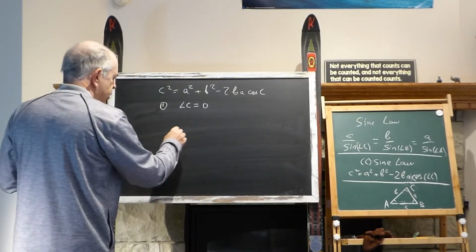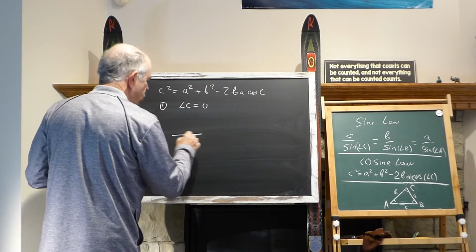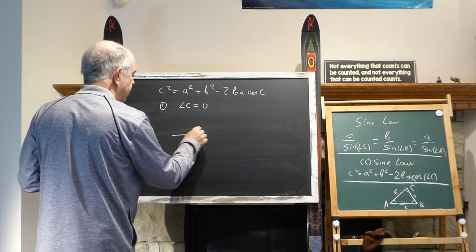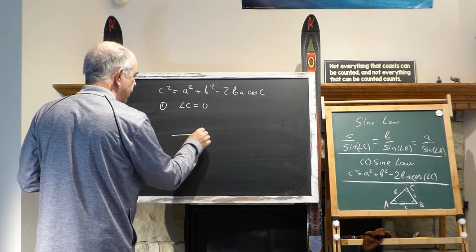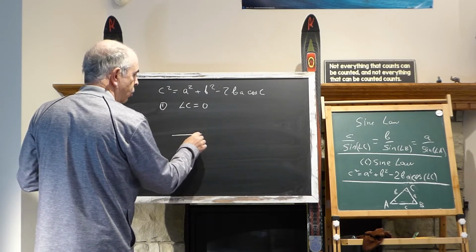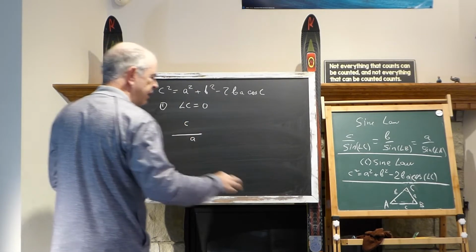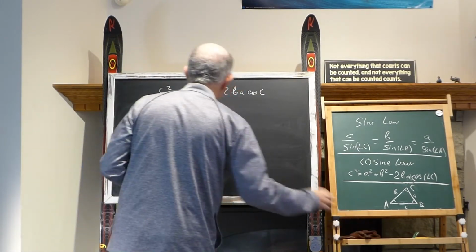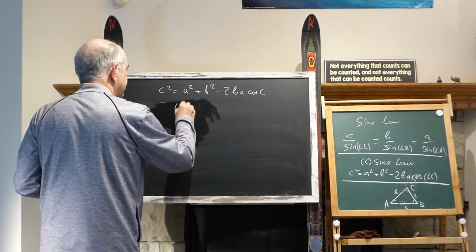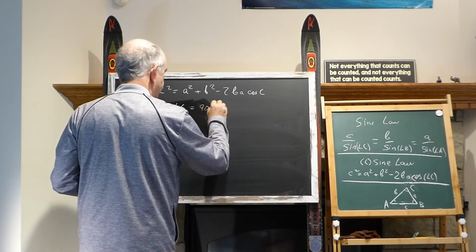It's a very strange situation, but basically it means A goes this way and B goes that way, right? So this is C. Let's consider angle C equals 90 degrees.